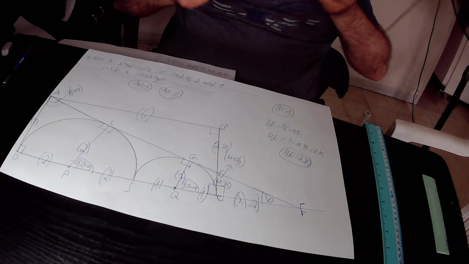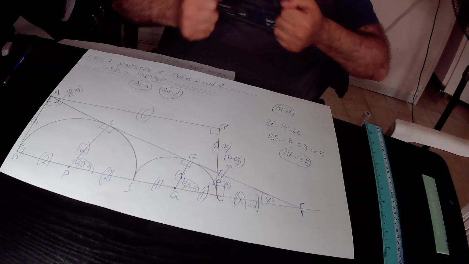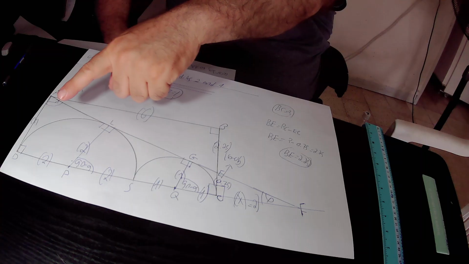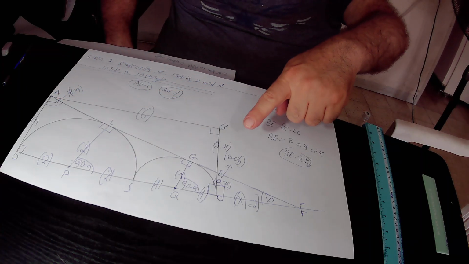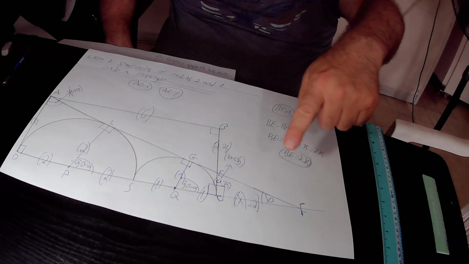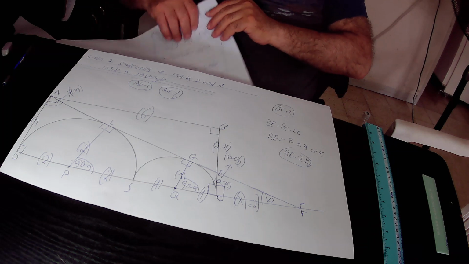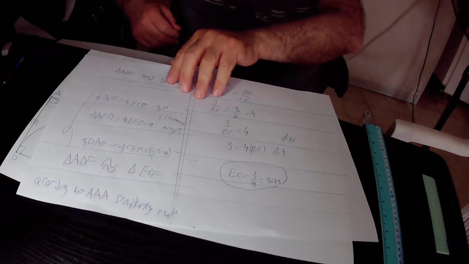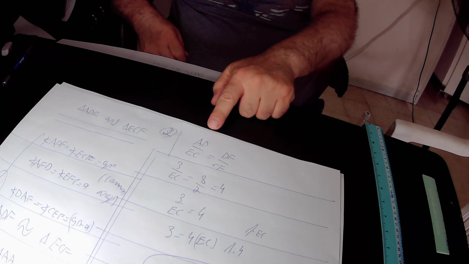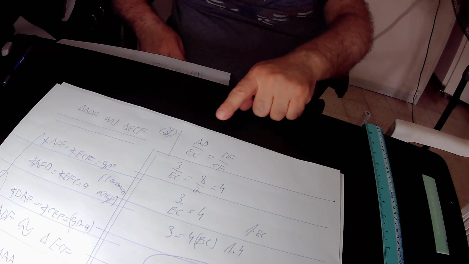From the fact that they are similar, we derive the following relationship between their sides: side AD in the biggest right triangle over side EC in the smallest right triangle equals side DF in the biggest right triangle over side CF in the smallest right triangle.